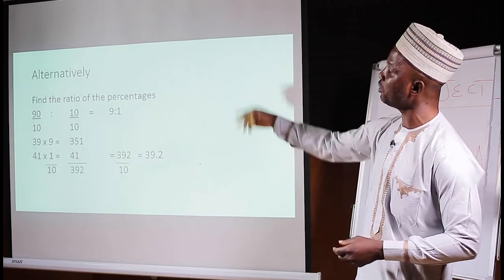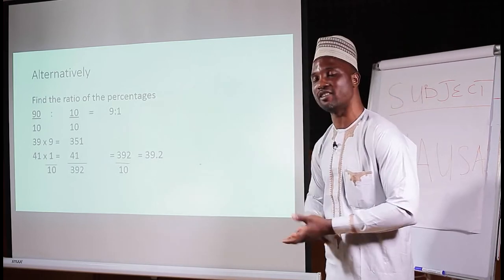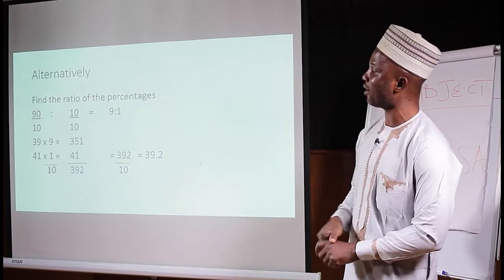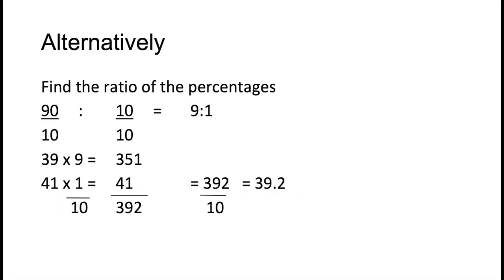So alternatively, we can find the ratio of the percentages. Remember, the first percentage is 90% and the second percentage is 10%. And like I said, in finding ratio, you divide through by the lowest value. Between 90 and 10, obviously 10 is the lowest value. And that's why we say 90 divided by 10 and 10 divided by 10. You will get 9:1. So what do you do? You multiply the atomic mass by the corresponding ratio. The first atomic mass is 39 times 9.